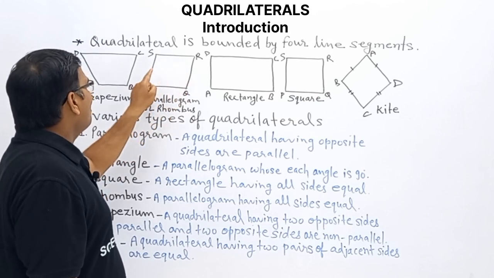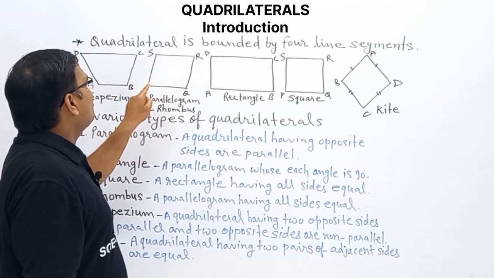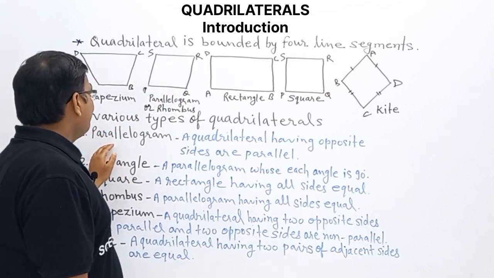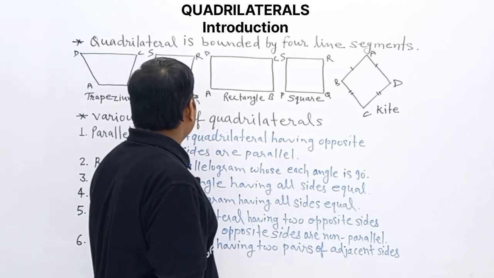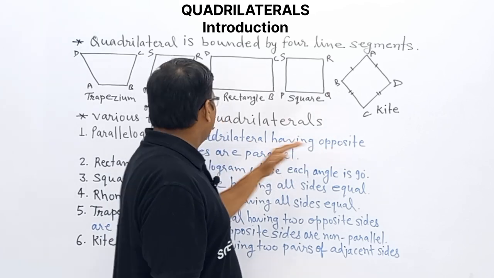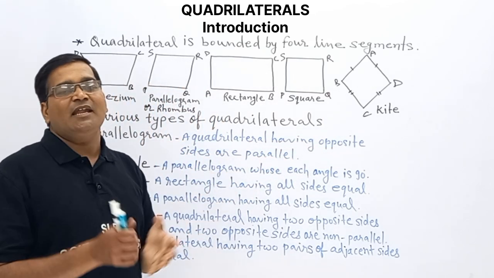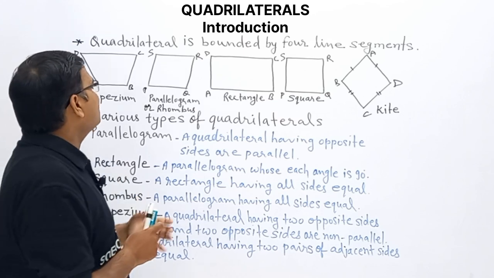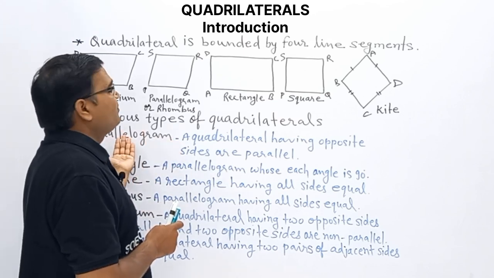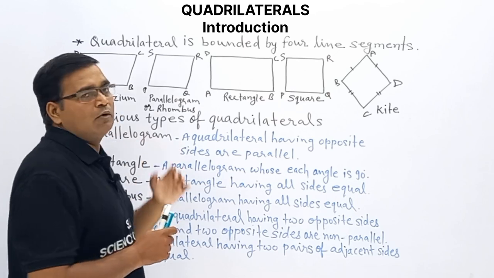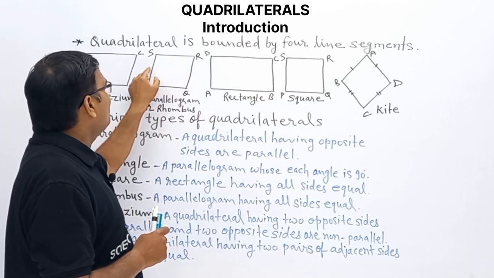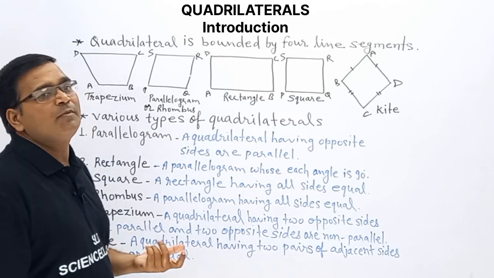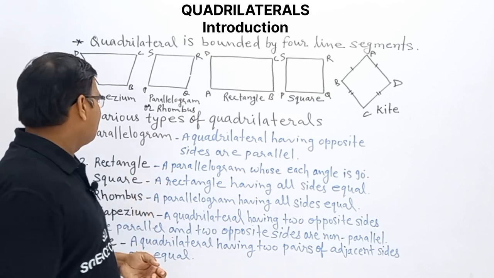QR is opposite of PS, and these two sides are also parallel. Once we are having a quadrilateral whose opposite sides are parallel, then that quadrilateral is called a parallelogram. And parallelogram is a type of quadrilateral. Clear?